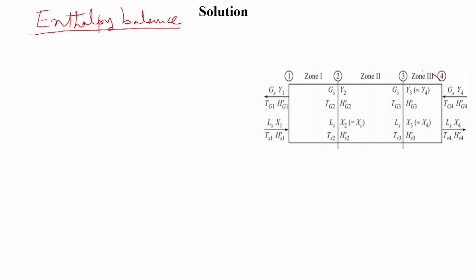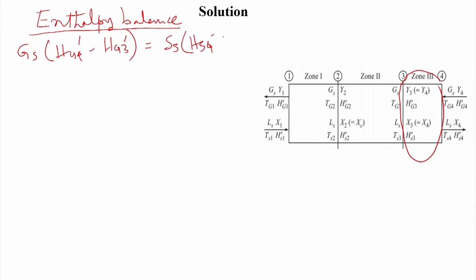In this zone 3 we will do this: Gs into Hg4 prime minus Hg3 prime is equal to Ss into Hs4 prime minus Hs3 prime.